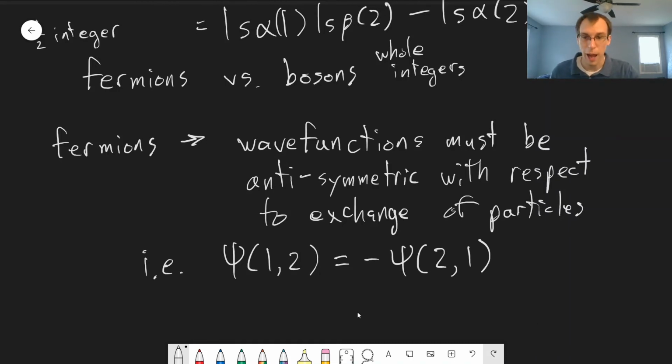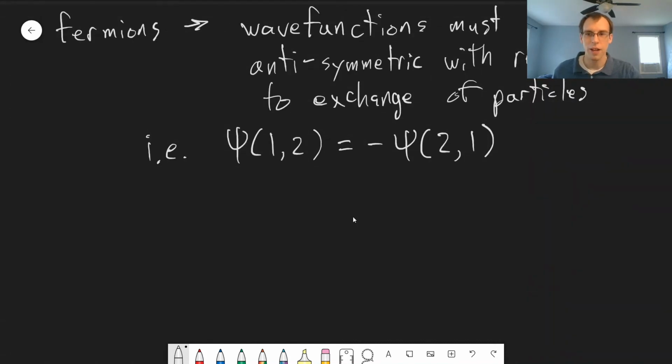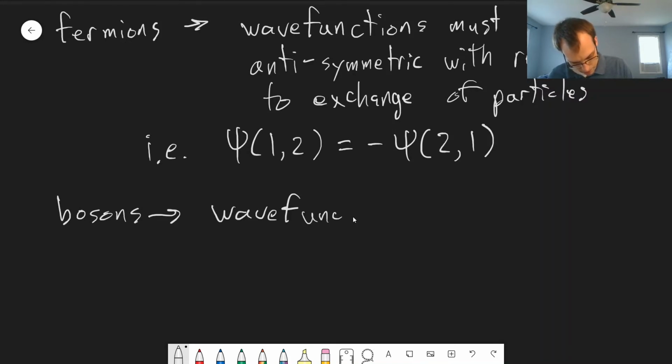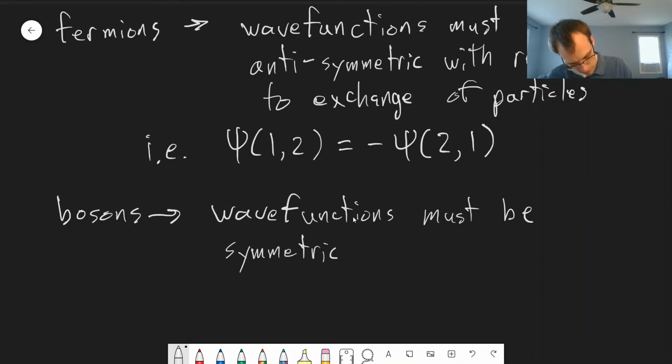For bosons, it's the opposite. So bosons, the wave functions must be symmetric with respect to exchange of particles.